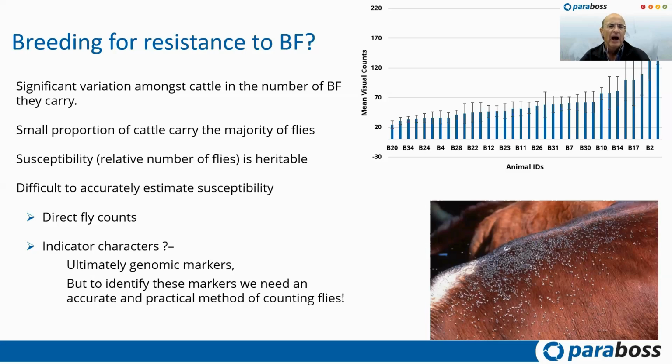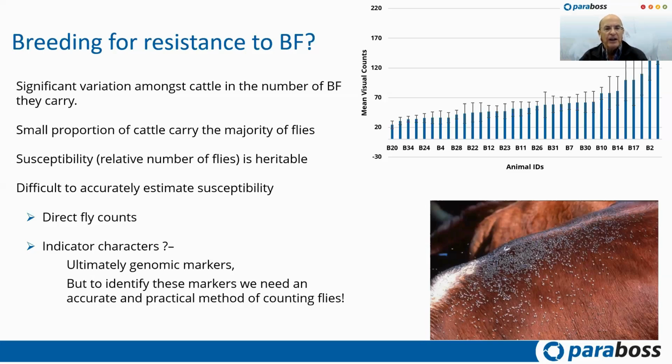in a minute. And the second thing that we might want to do to select for resistance to buffalo flies is to select on indicator characters. What characters make some animals more resistant than others? And ultimately, what we're looking for here is genomic markers. So the golden chalice, if you like, is being able to find genomic markers that identify the more resistant animals, so we can just take a blood sample, get it measured, and then on the basis of that genomic measure, work out which ones are going to be resistant.